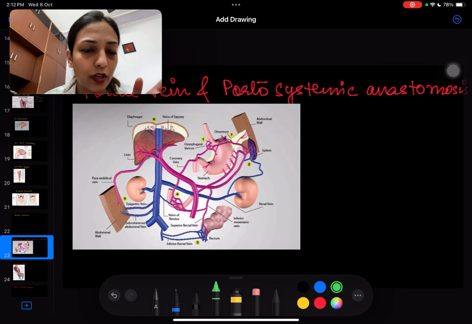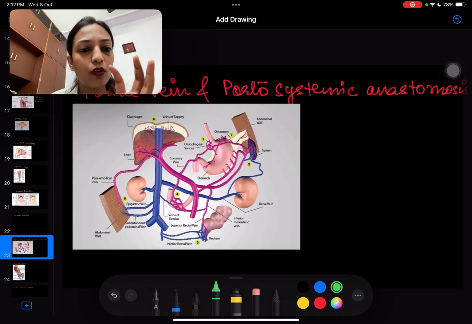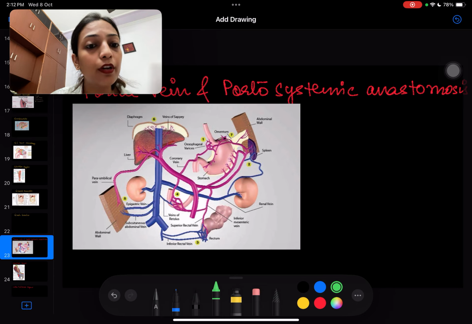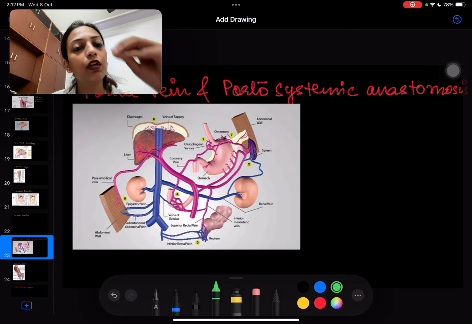What is important about it? In case of poisoning, in case of anything that we eat, whatever we eat gets absorbed in the intestine, right? From the intestine, all that food gets into the blood. Now from blood, where does it go? Can it go directly into the body? Huge no. Nature has made a protective mechanism. Whenever we eat something, it goes directly into the portal vein, into the liver.